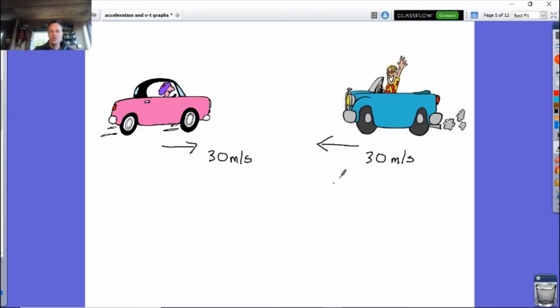Now, this is a common thing. Remember, speed is our good old scalar quantity, so it has a magnitude, how fast they're going. But what I can do then is bring in the idea of velocity, which we mentioned in our last video. It's the vector quantity, which means it has size and direction.